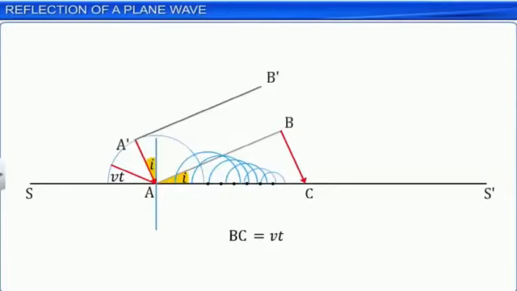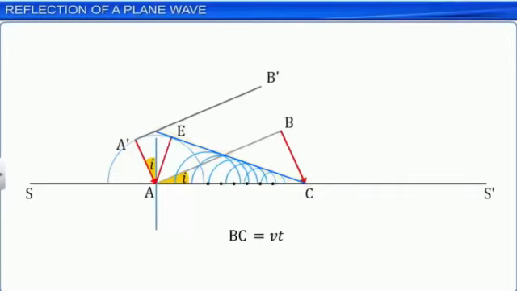generated from A at time t is equal to 0. If the surface CE, tangential to the hemispherical wavefront and passing through the point C, is constructed, then CE would represent the reflected wavefront.